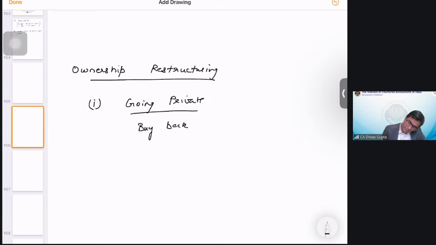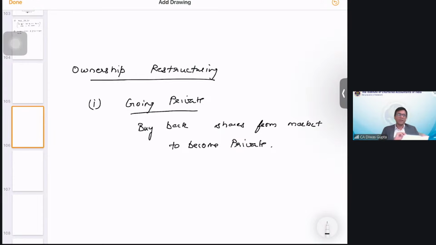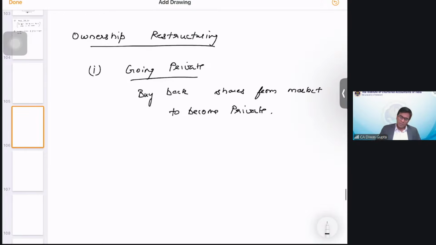Buy back shares from the market to become private. Okay. So this is actually going private.